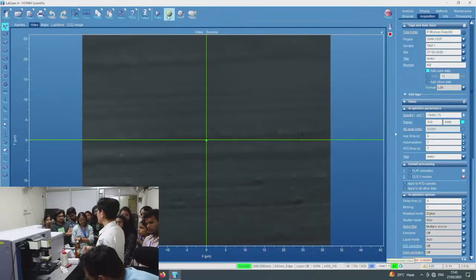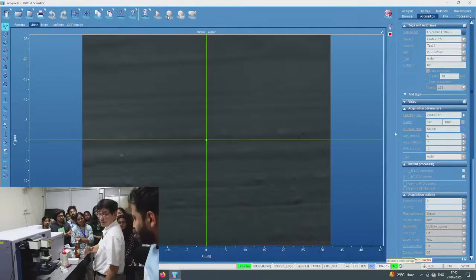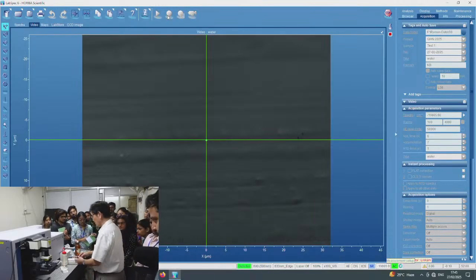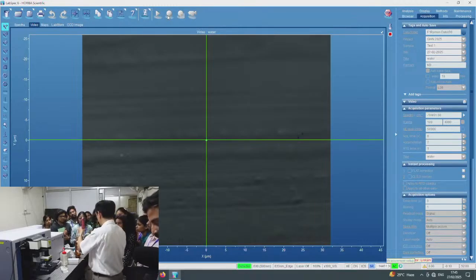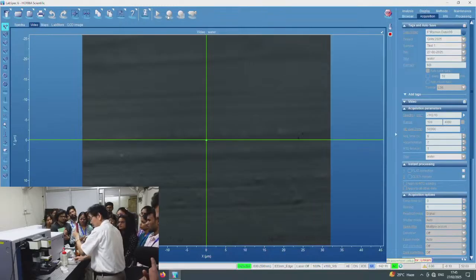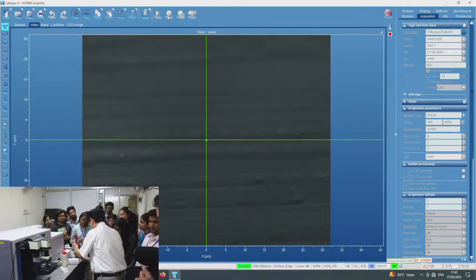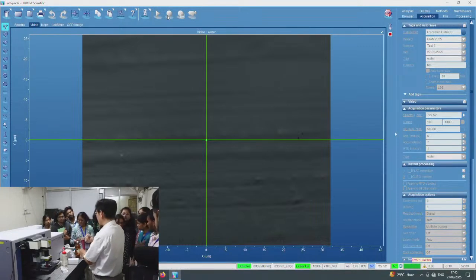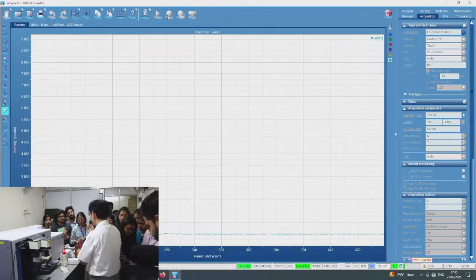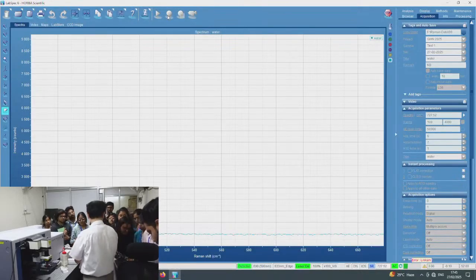Now the accumulation data sampling has started, but the focal volume is very small and the sample is relatively large. So we need to focus on the water, not the glass surface. We should check the spectrum, then we can distinguish the glass spectrum and the water spectrum.